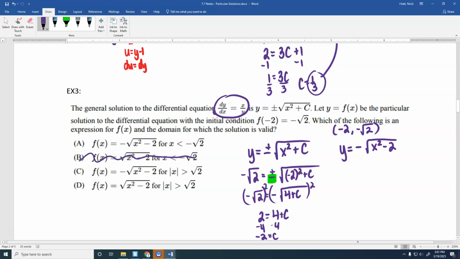So it's not B and it's not D. It's either A or C. So in this case, my options are either absolute value of x is greater than square root of 2, or it's x is less than negative square root of 2. Both of these actually work for the equation.